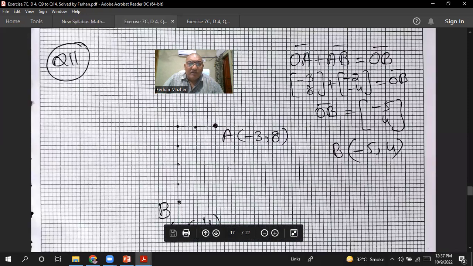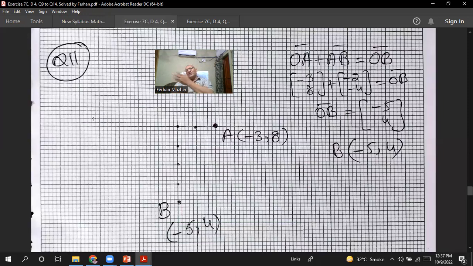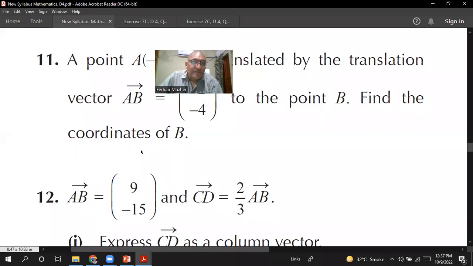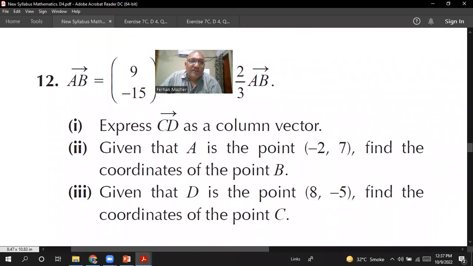So minus 3 minus 2 will be minus 5, 8 minus 4 will be 4. So this is how it is done. Hopefully you understand. Translation matrix you will also learn in the topic of geometrical transformation. And here also.